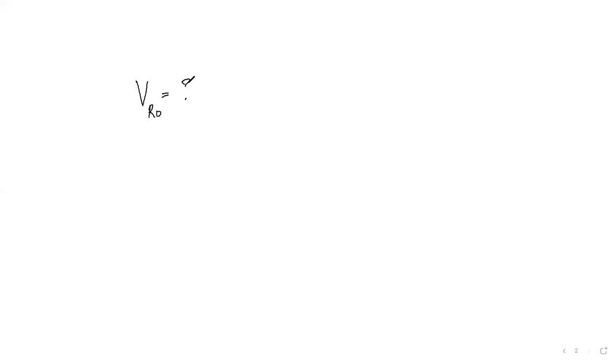We're looking for the volume, not R sub O, but rather the volume of R. We can use the stoichiometric equation in finding the volume of your reacting mixture due to the formation of R. From the stoichiometric equation, the amount of A consumed divided by 2 will be equivalent to the amount of R produced divided by 1.